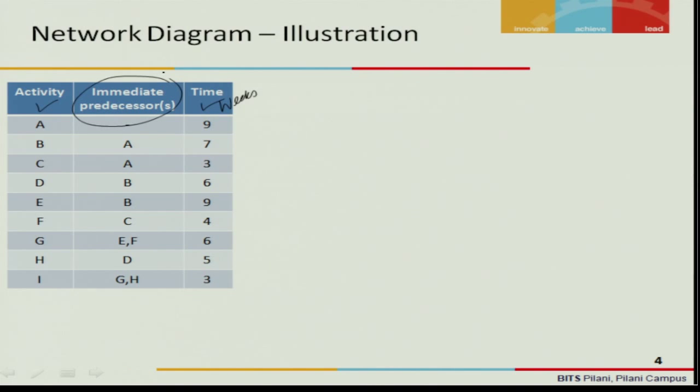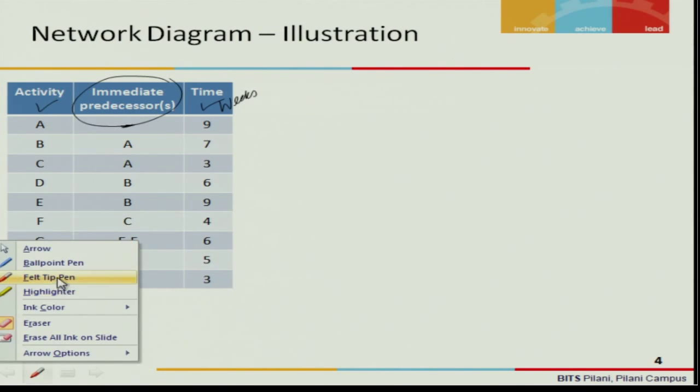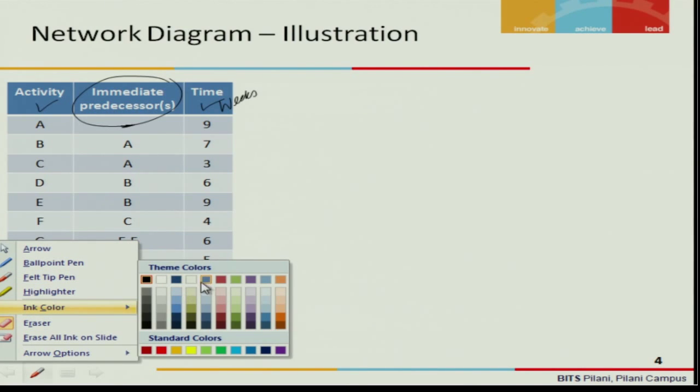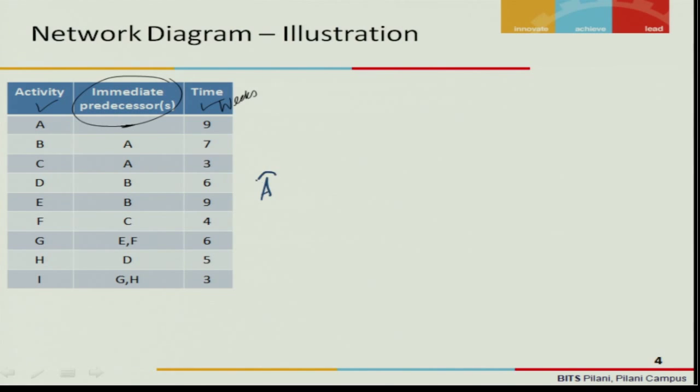Okay, let us try to build a network diagram using this table. It starts with A because there is a dash here, which means that there is no predecessor for A. So the starting point is A. And the next activity is B, and B has an immediate predecessor A, which means that you cannot commence activity B unless A is completed.